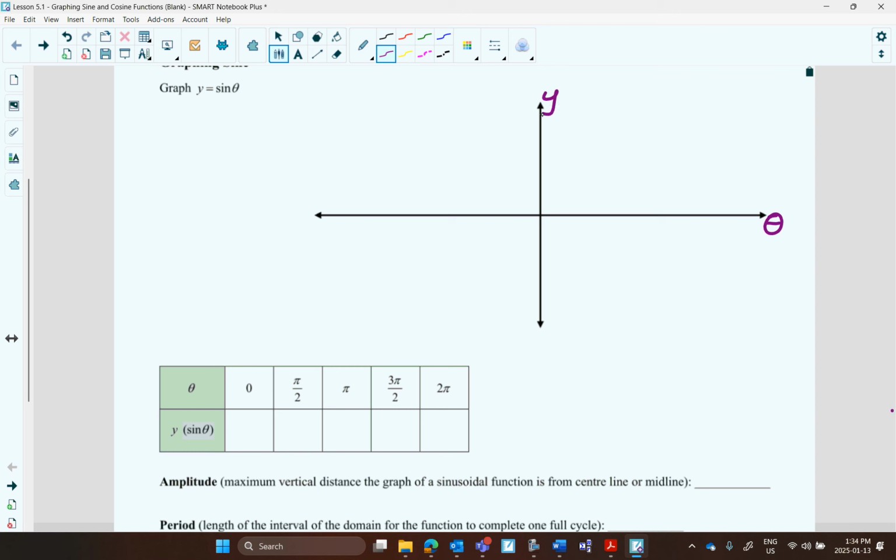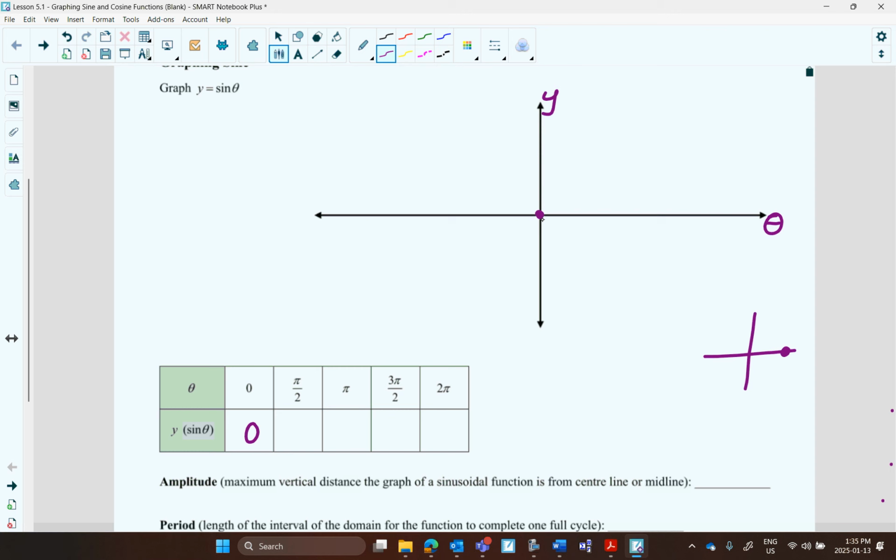So here's where your knowledge of the unit circle comes in. It's the sine of 0. Well, here's 0. Okay, it's 0. So there's our starting. Now remember, we did pi over 6, we did pi over 4, we did pi over 3, but we're going to jump to pi over 2.